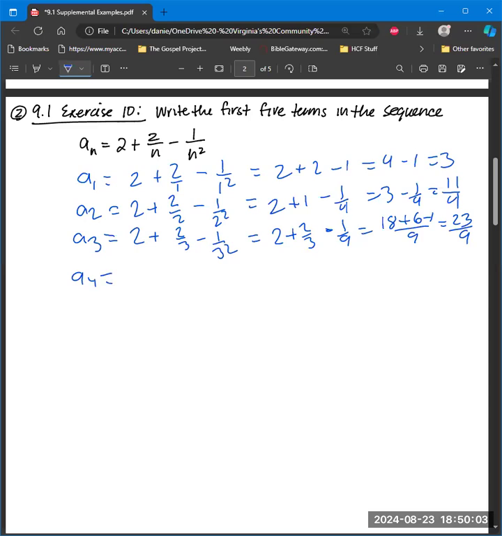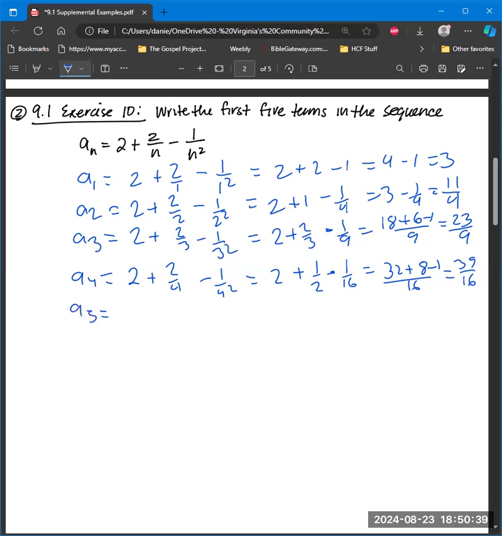A 4 is 2 plus 2 fourths minus 1 over 4 squared is 2 plus a half minus a 16th is 32 over 16 plus 8 over 16 minus 1 over 16. 40 minus 1 is 39 over 16.